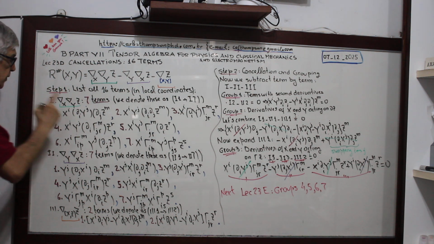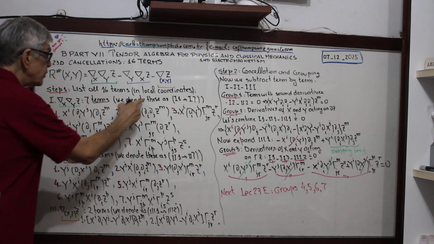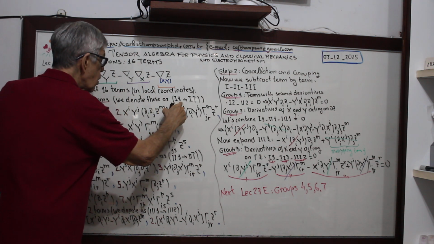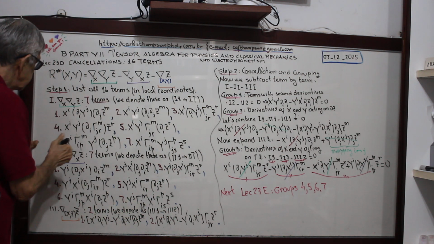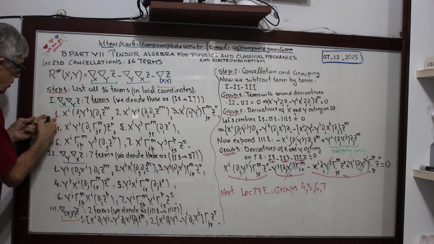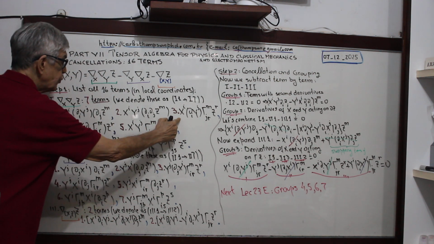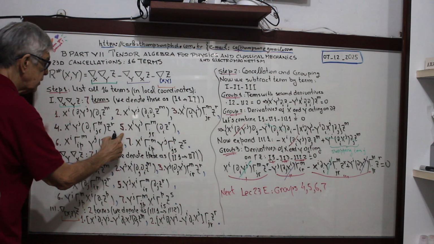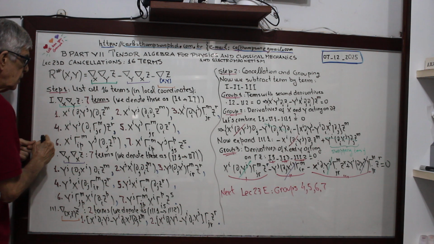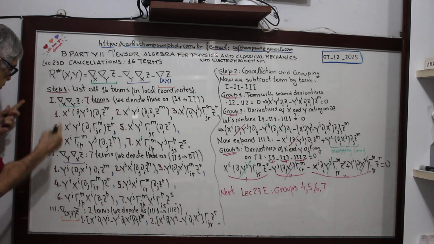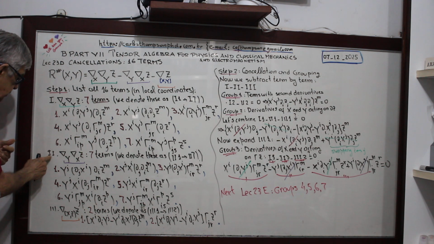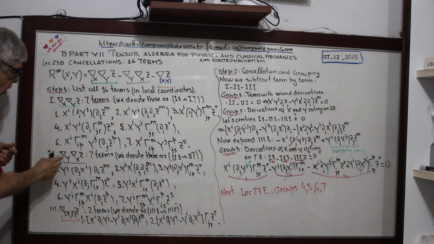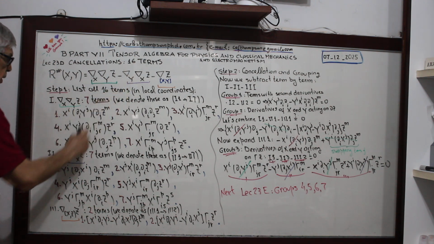This is 7 terms, which we denote as I1 until I7. Here, term 1, 2, 3, 4, 5, 6 and 7. Now we move to the term I2, the purple one.